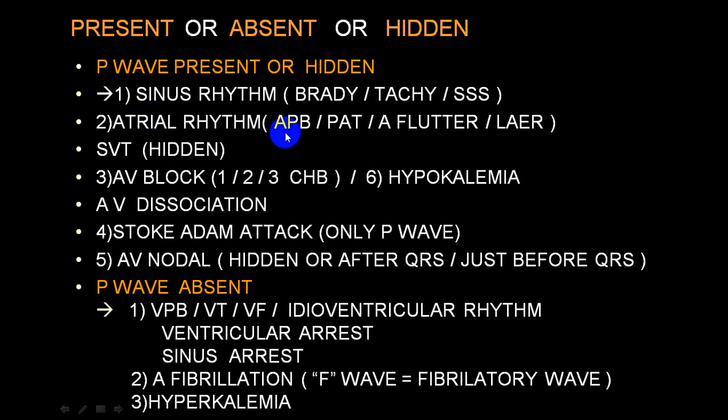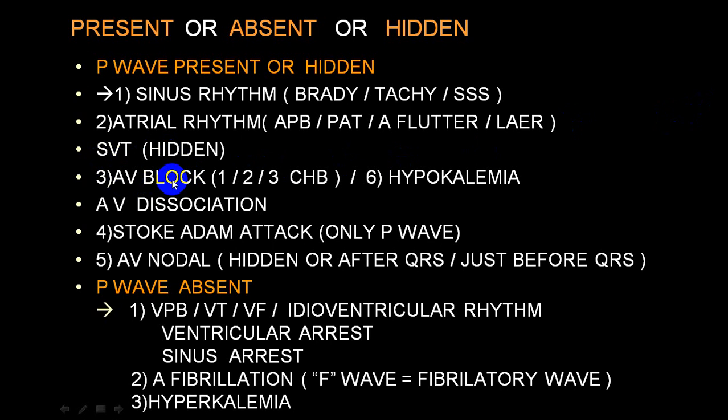In atrial rhythms, like atrial premature beat, paroxysmal atrial tachycardia, atrial flutter, left atrial ectopic rhythm, even multifocal atrial tachycardia, MAT we call. But in supraventricular tachycardia, it is not clearly seen, so we call that hidden.